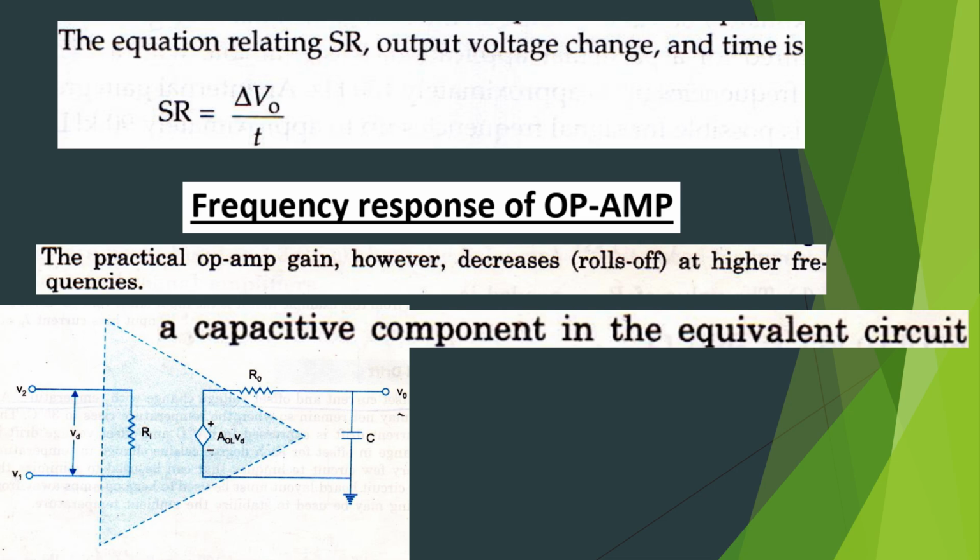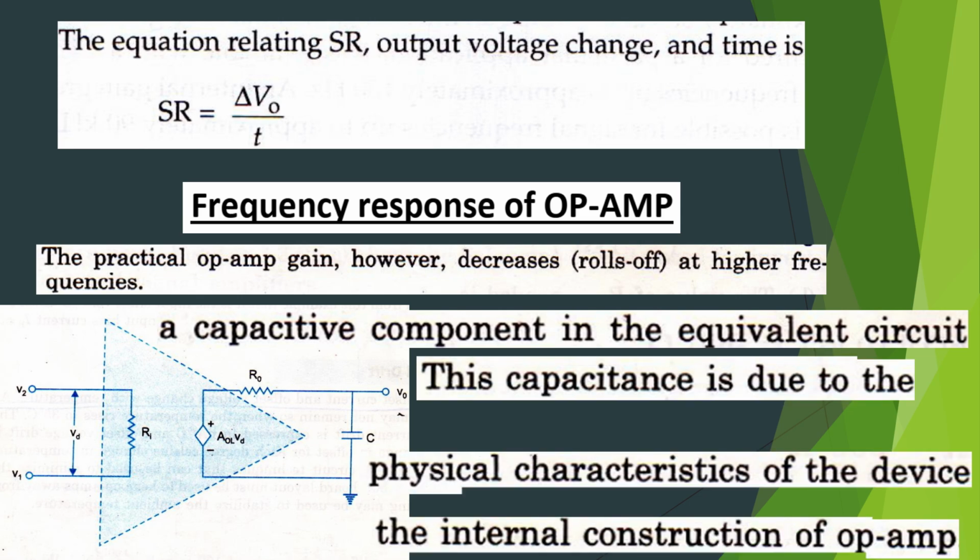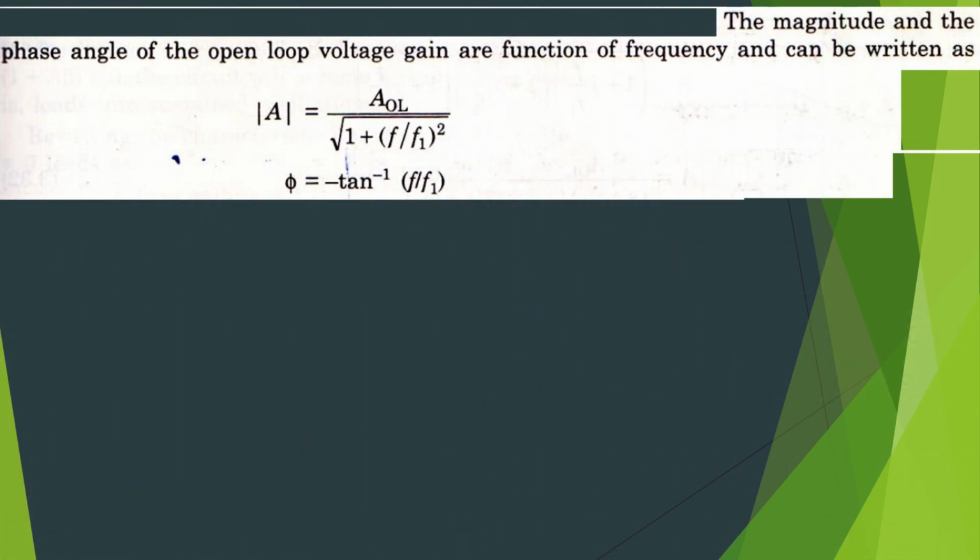The reason for this is a capacitive component in the equivalent circuit. This capacitance is due to the physical characteristics of the device, the internal construction of the op-amp.